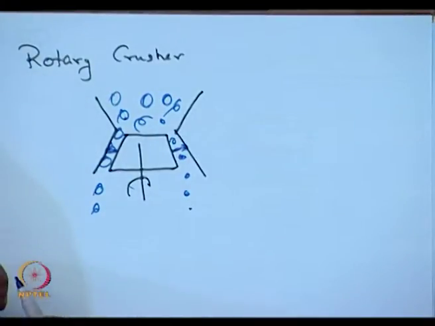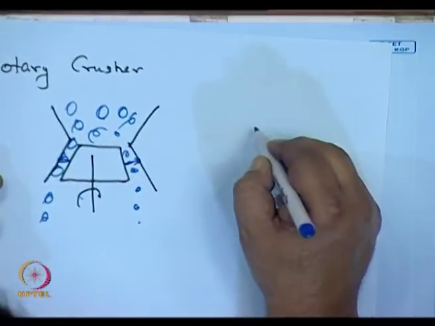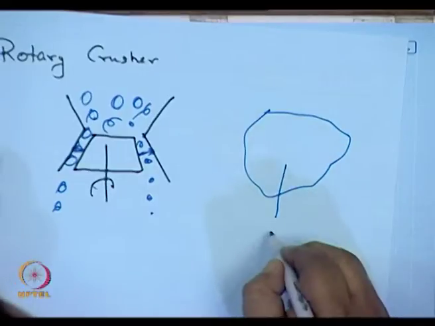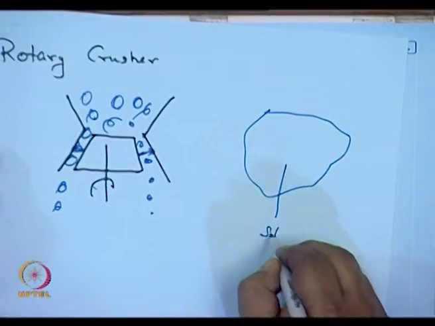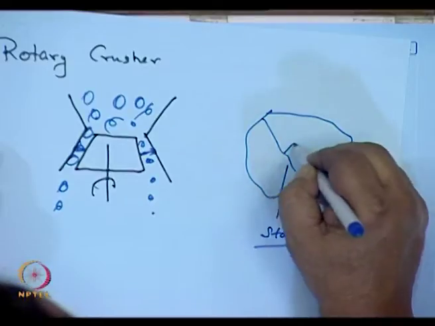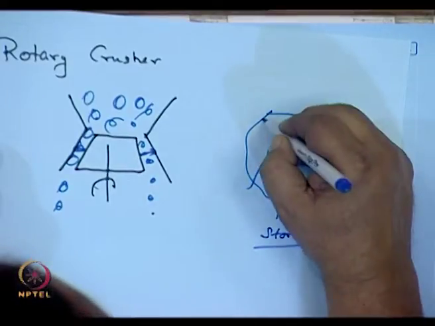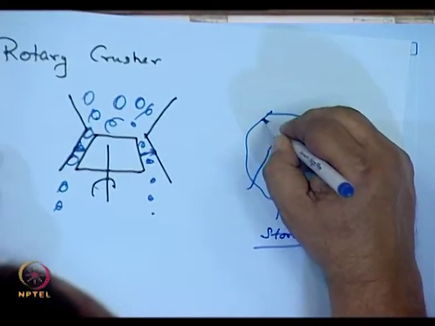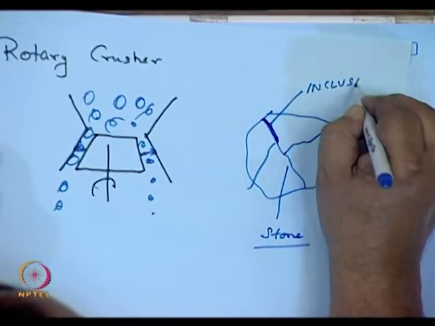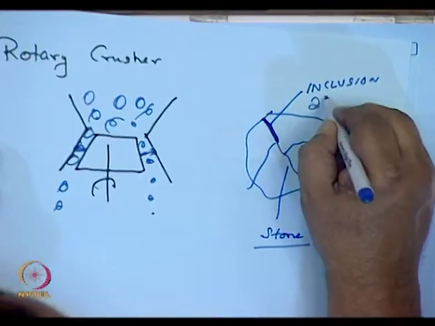Why does it happen? You have to remember, if this is a ceramic particle, let me say, this is a piece of stone that you find lying on the roadside. The first thing that I will see is, it has got inclusions. This is an inclusion, maybe a second phase.